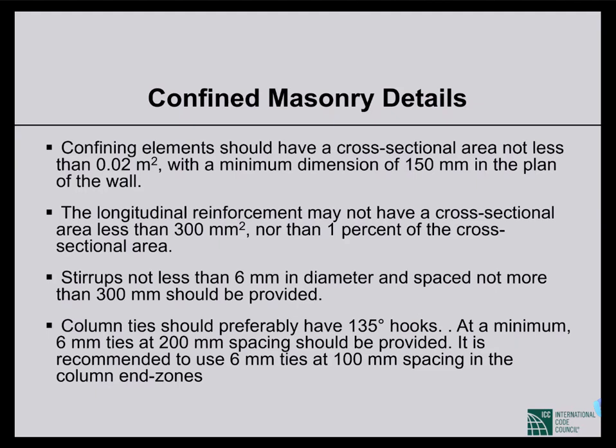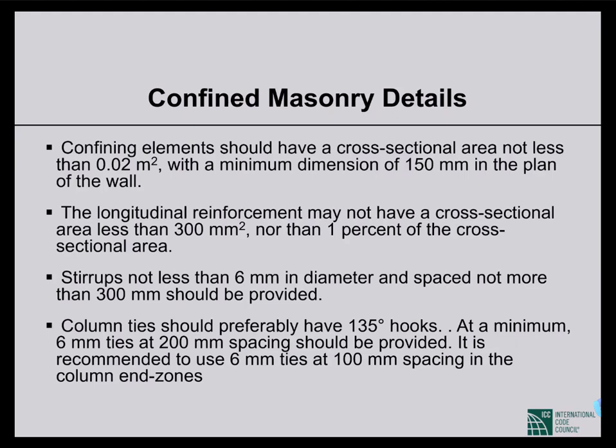For tie beams, the stirrup diameter can be 6 millimeters, and they may be at most 1 foot apart. And then column ties. Column ties should preferably have 135-degree hooks.